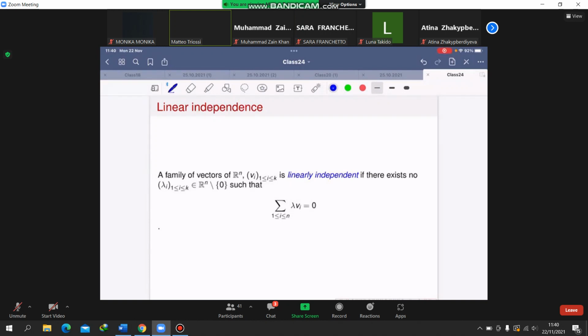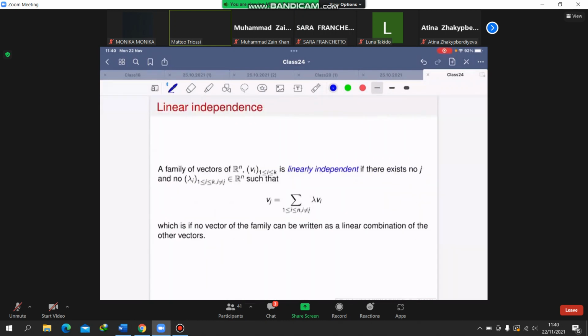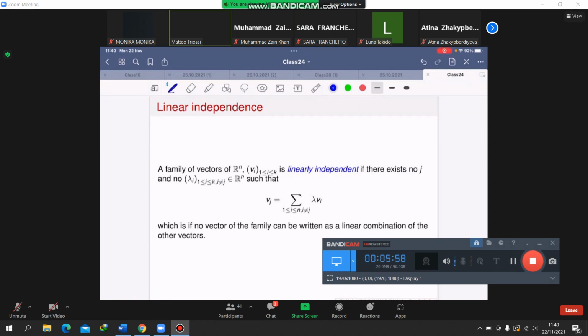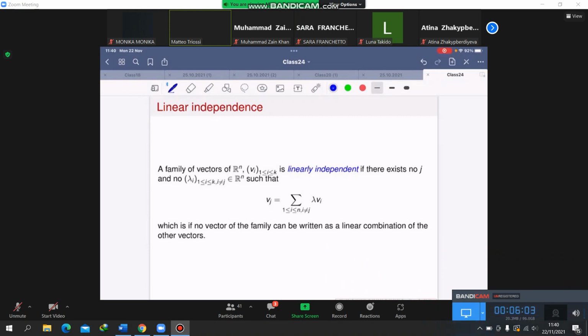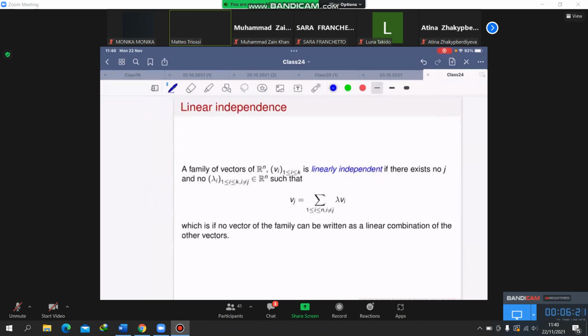Why is it called linear independence? Because this property is equivalent to saying that it's not possible to write any vector of the family as a linear combination of the other vectors. And why is that?